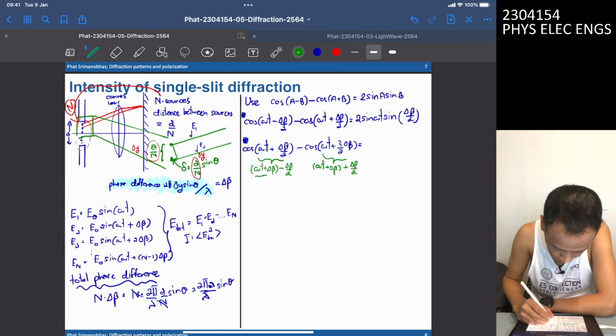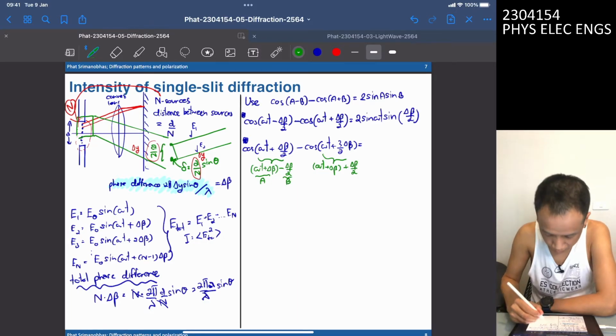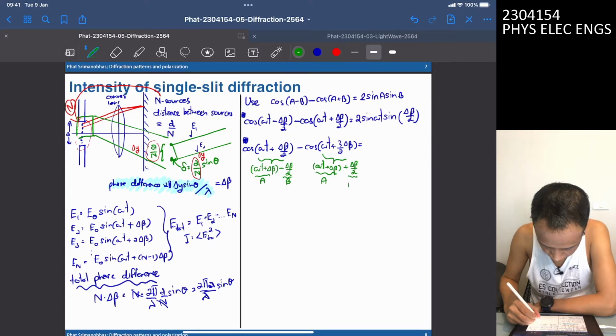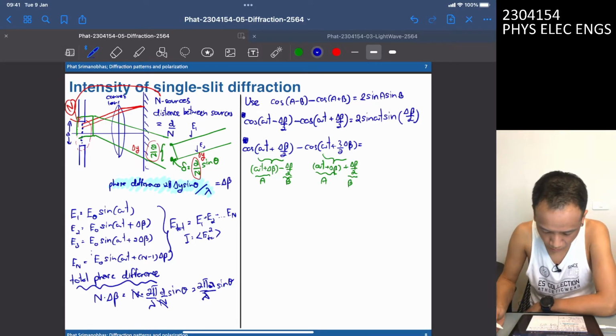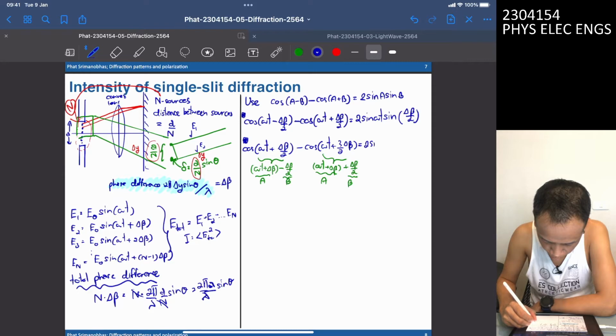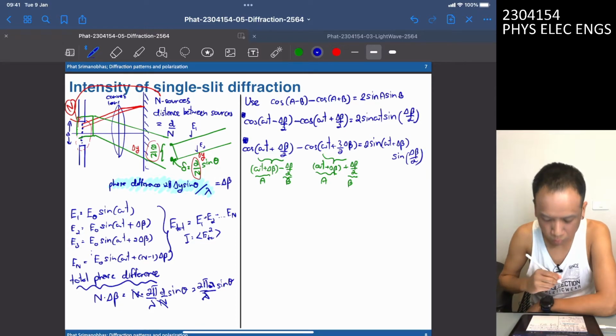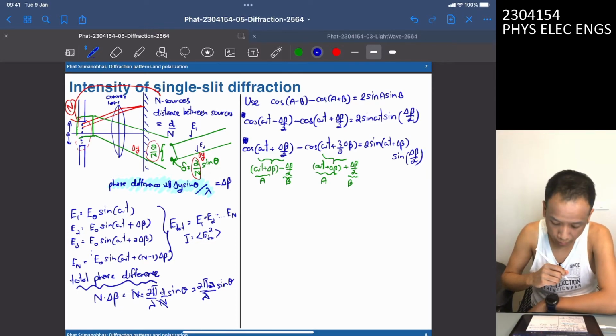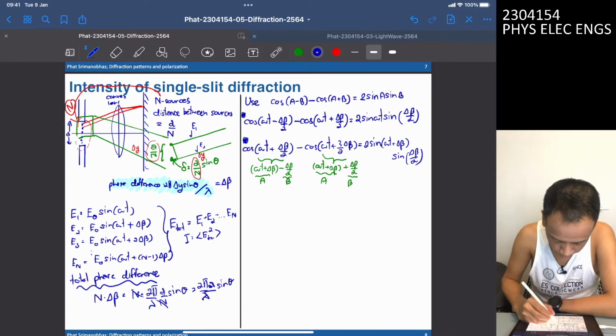So this is A, this is B. So what you get is 2 sine of omega t plus delta beta, and then sine delta beta over 2. Okay, let's do the next one, and then we do the final one.